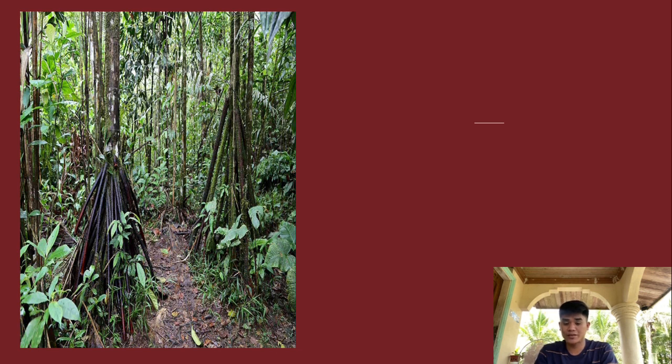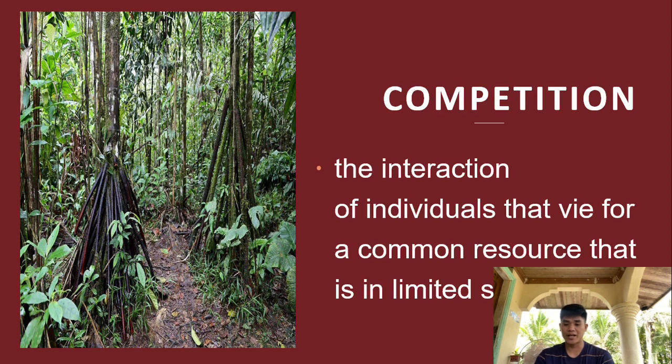Nutrients in the soil. That's right, they compete for the nutrients of the soil. What do we call this interaction, class? Competition. That's right. It is the interaction of individuals that vie for a common resource that is in limited supply.